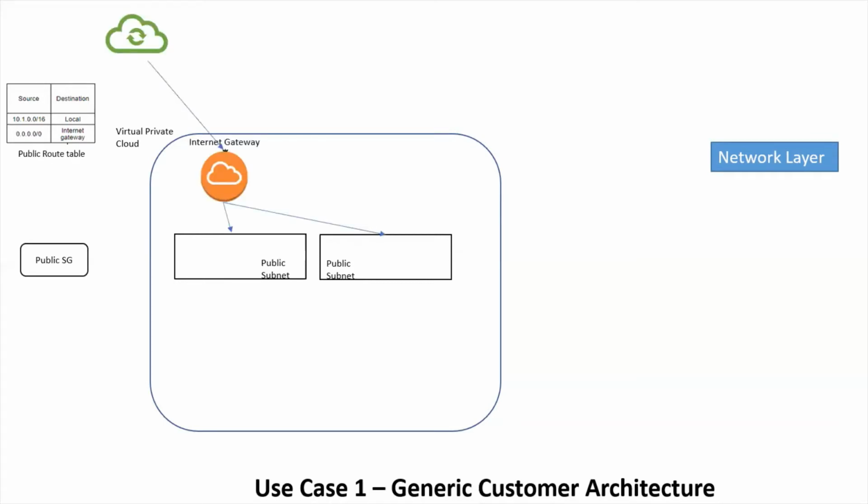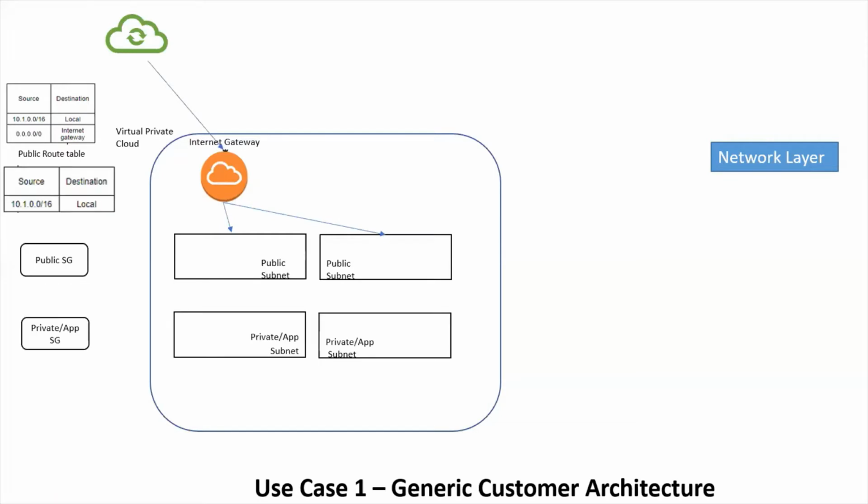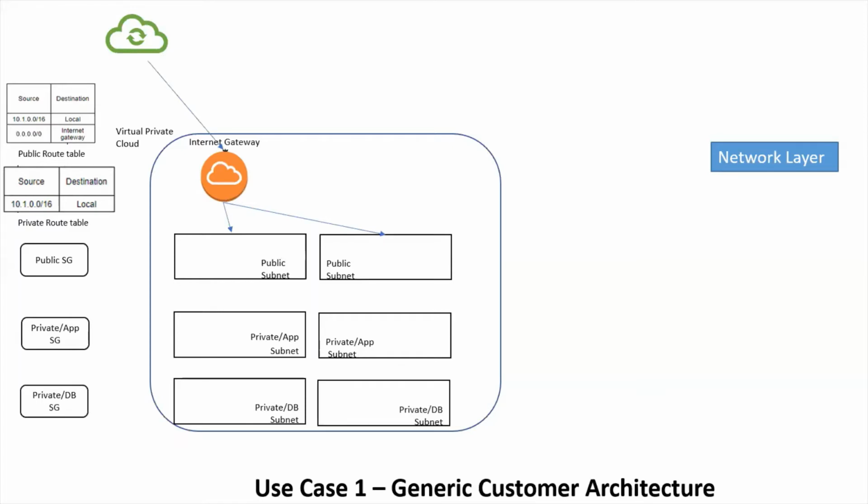This is the internet gateway that is attached to the VPC. Then a private subnet or application subnet, and creating a security group for the private subnet, and a route table that is towards only local resources, not having access to the internet gateway. Then one more private subnet for the database, and creating a security group to control the access.